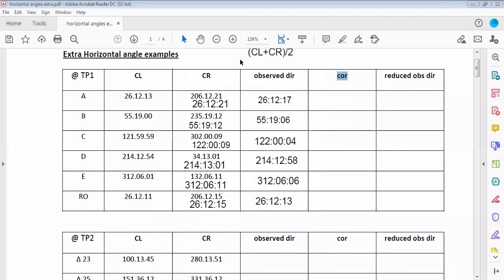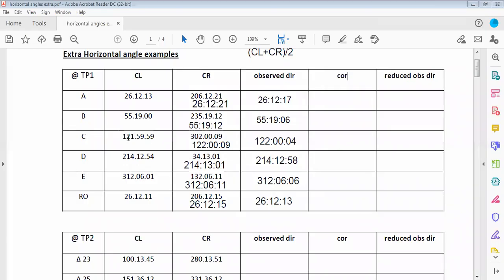Hello? Okay, I'm not sure. Are you referring to this one here? Okay. So we're doing row 3.